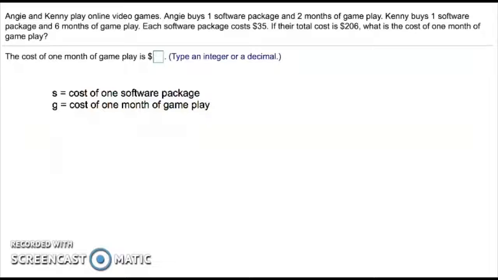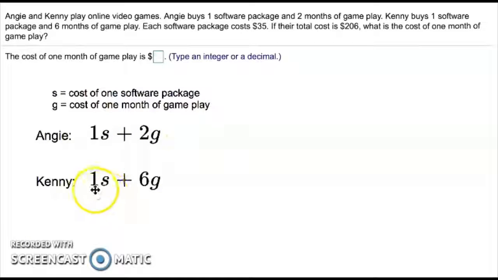Now we need to create 2 expressions representing Angie's and Kenny's purchases. Angie buys 1 software package, so 1S, S for software package, and 2 months of gameplay, so 2G, G for gameplay. Kenny buys 1 software package, but he purchases 6 months of gameplay, so 6G.